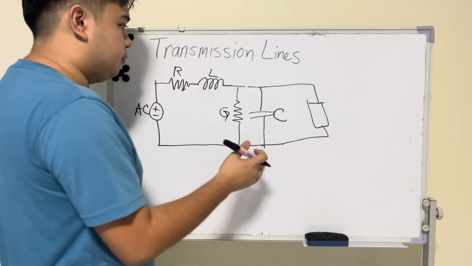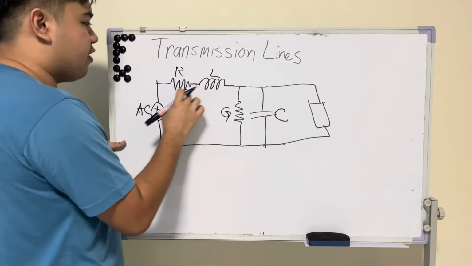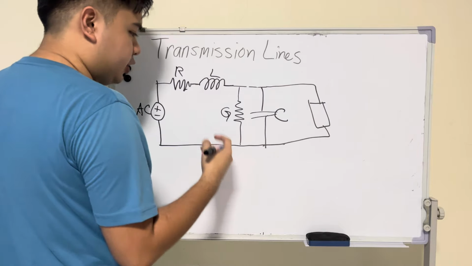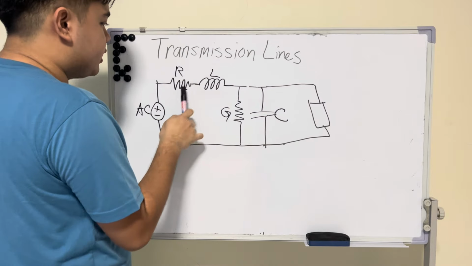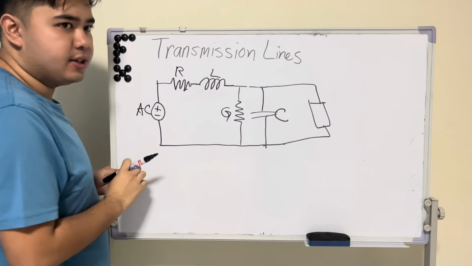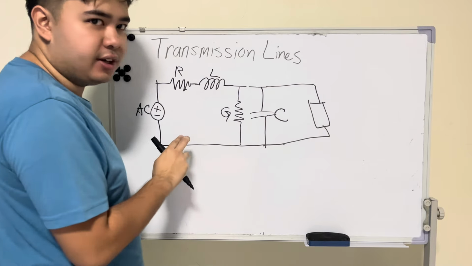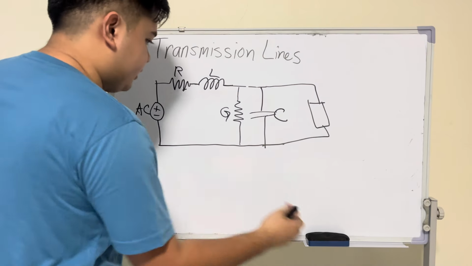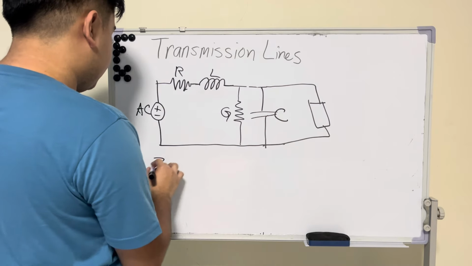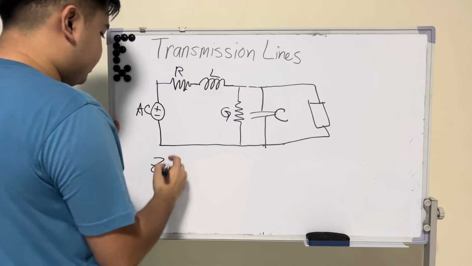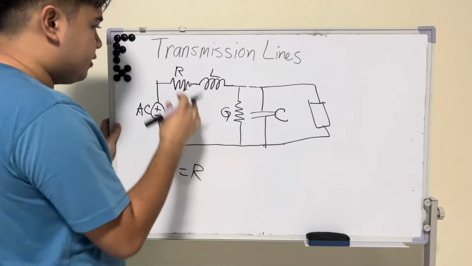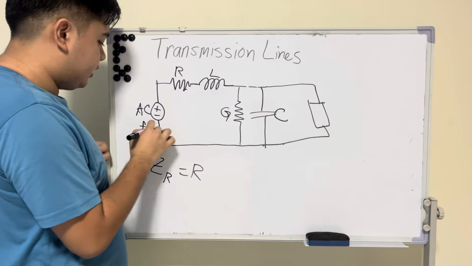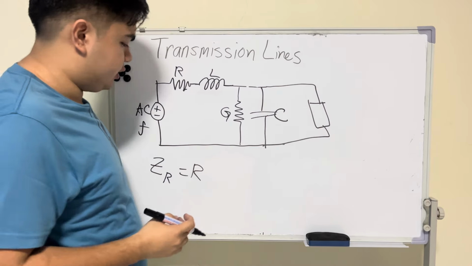So this would be a lot simpler if instead of having 4 parameters, this only had 2 parameters, which we're going to do here. Now, the resistance and the inductance are in series, and in AC we can add them together in such a way that it will become impedance. Remember, the impedance of a resistor is just the resistance, because it is independent of the frequency of the AC voltage.